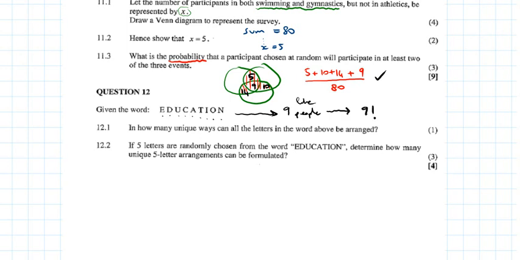Now, 5 letters are randomly chosen from this. Determine how many unique 5-letter arrangements can be formed. So 5 letters will be chosen, and that means they are different letters. The first one can be any of 9, then it can be any of 8, then any of 7, then any of 6, then any of 5.